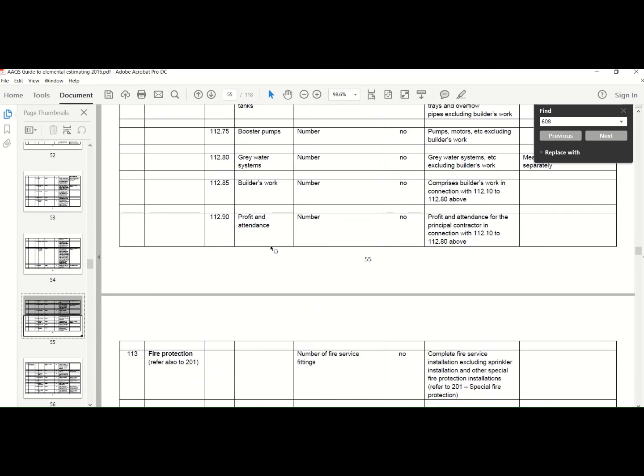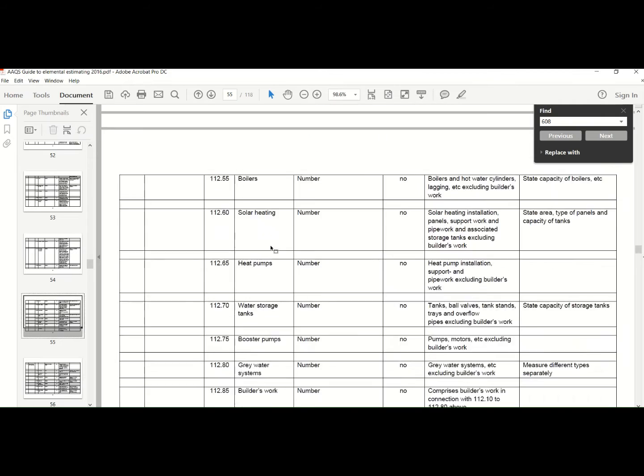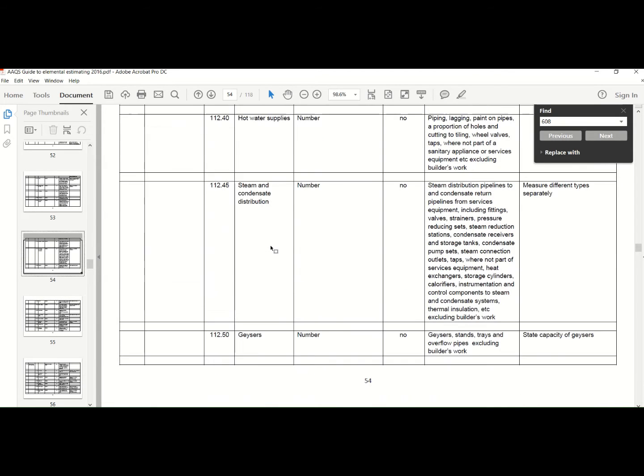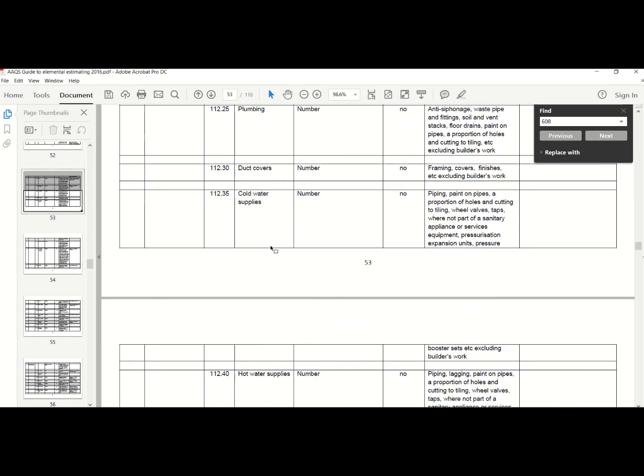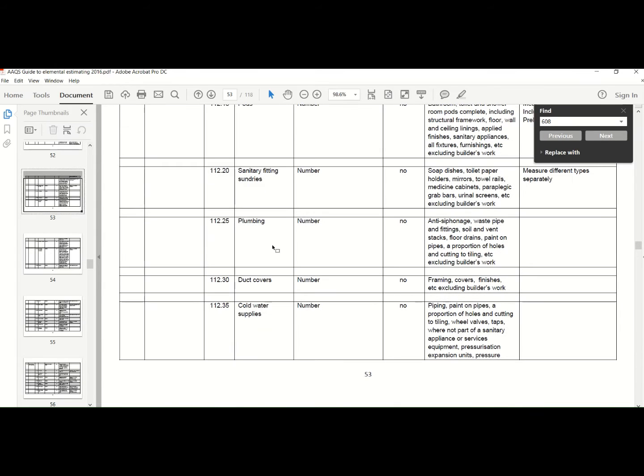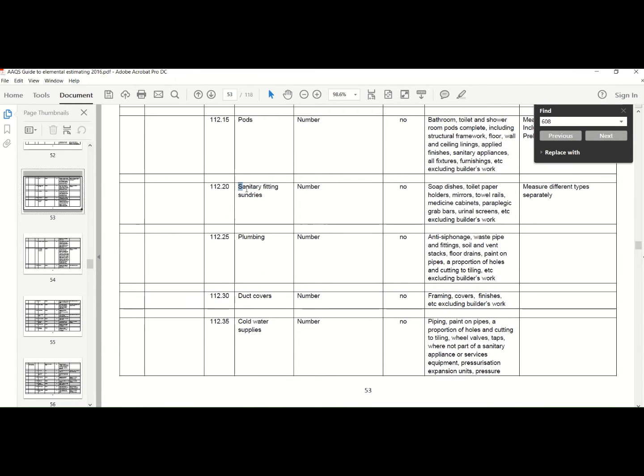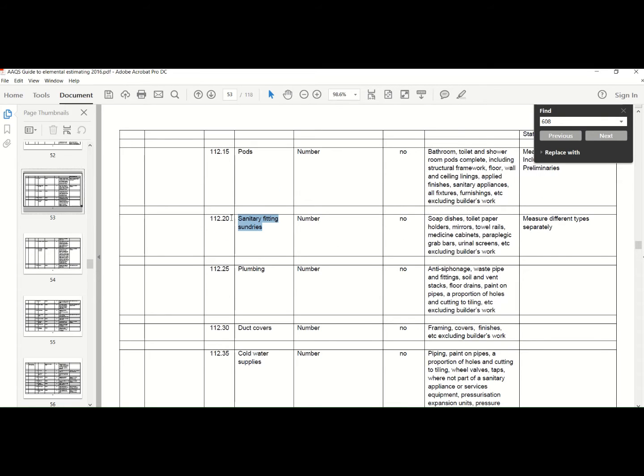I'm looking for auxiliaries quickly. Sanitary fittings. Okay, here we go. Sorry, here it's sanitary fittings.